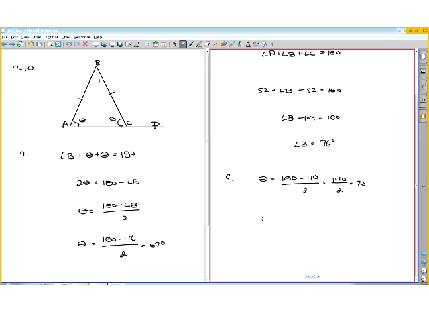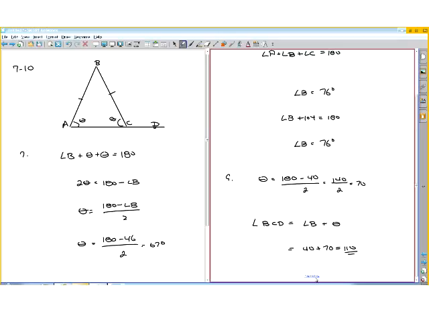Okay, so this angle is 70. This angle is 40. So we know that angle BCD is going to have to be equal to angle B plus theta. So angle B was 40, theta was 70. So the sum of those two has to be 110.